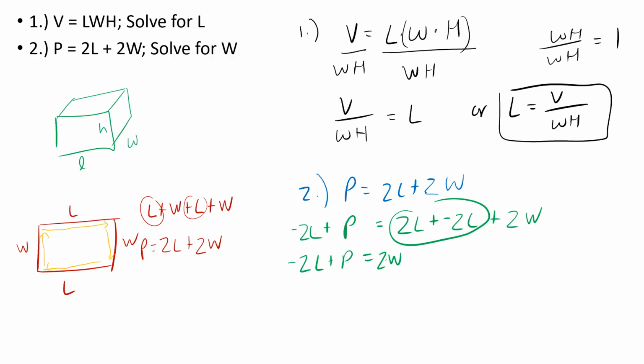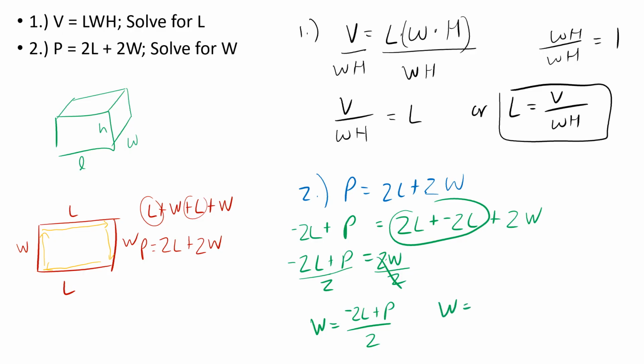And then that is multiplication. So I'm going to go ahead and write it down. 2 divided by 2 is 1, leaving me with the W all by itself. And you can write it as negative 2L plus P over 2.